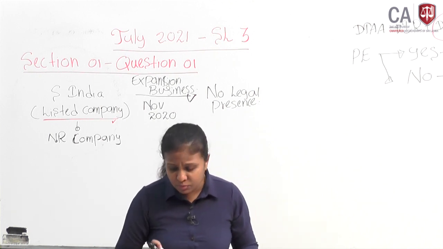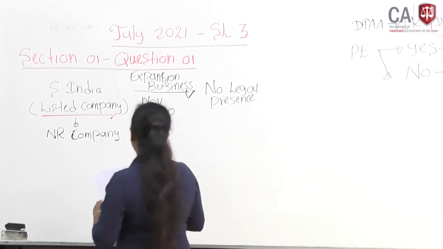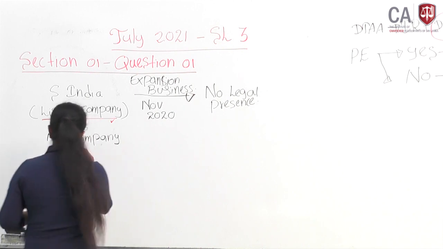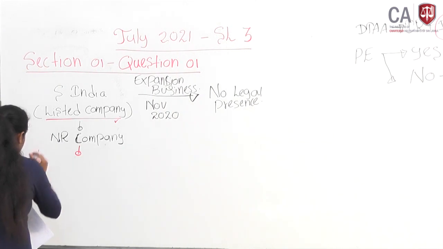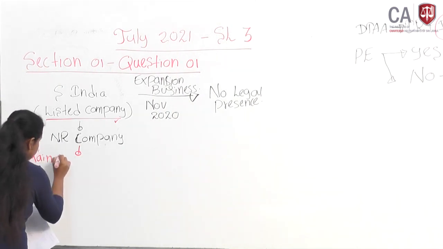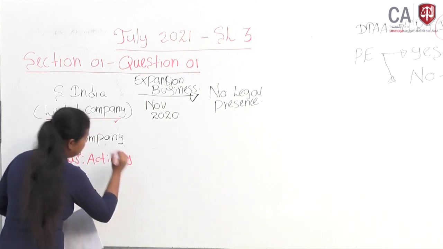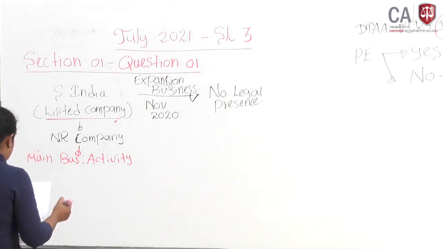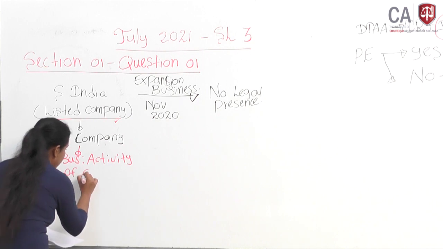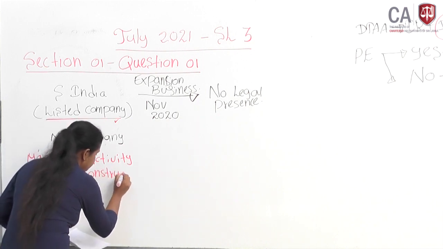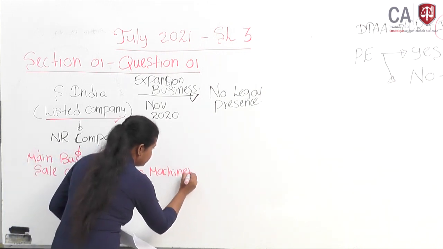And what's their principal business activity? The main business activity has been very clearly given: it's the sale of construction machinery. Done.